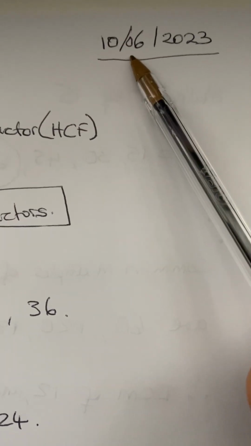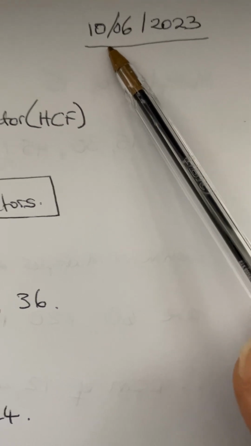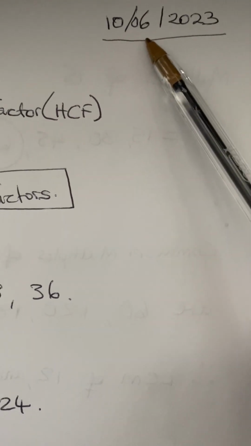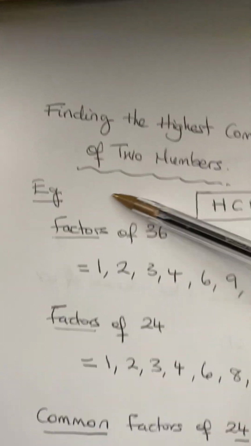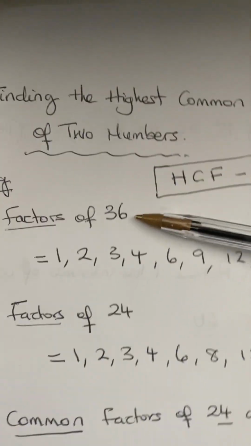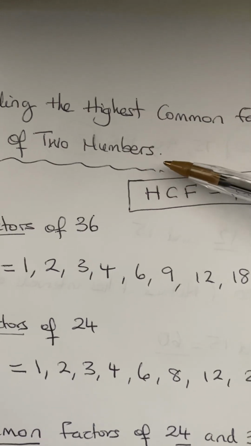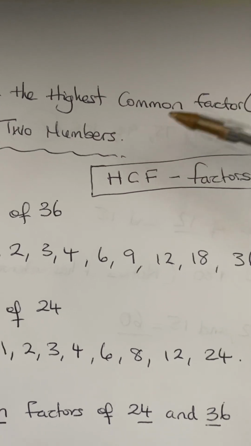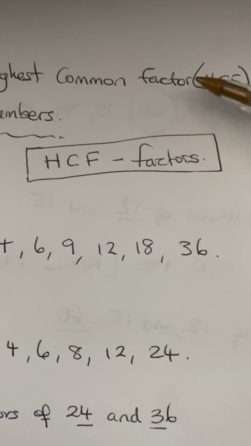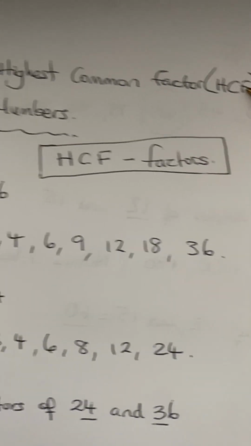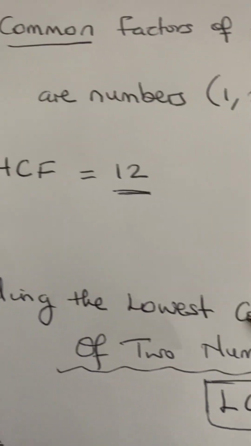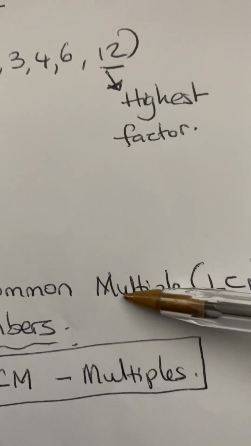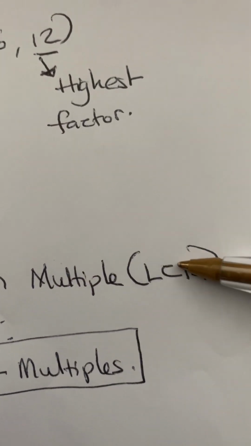Today's date is the 10th of June 2023, and what I'd like to talk about today is highest common factor, HCF, or the lowest common multiple, LCM.